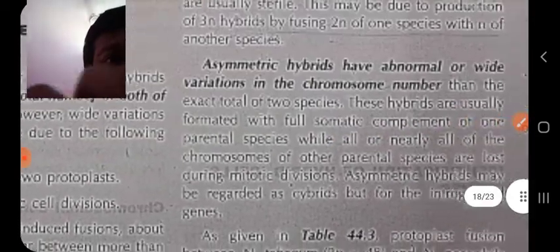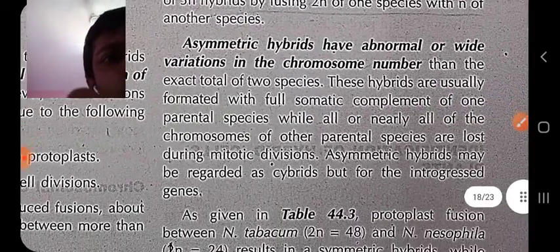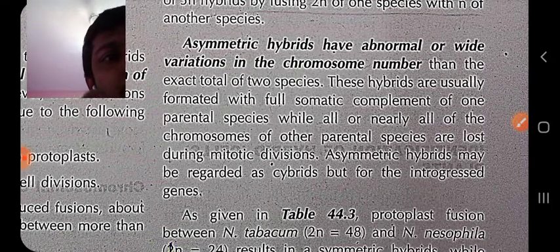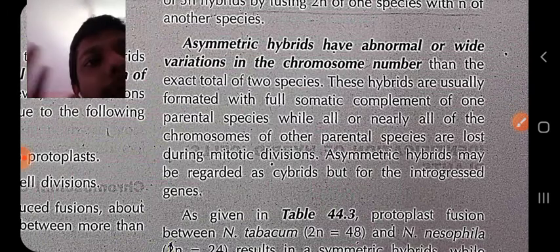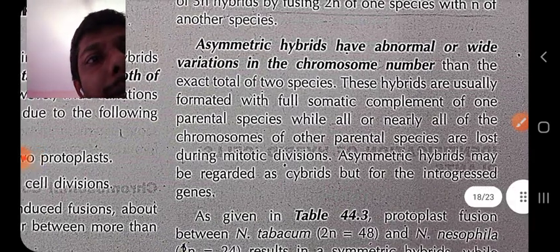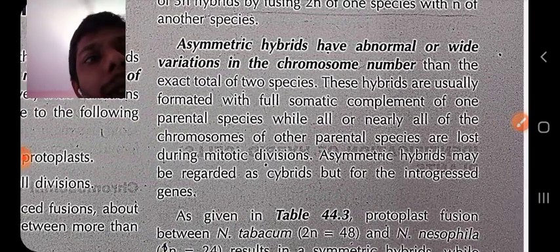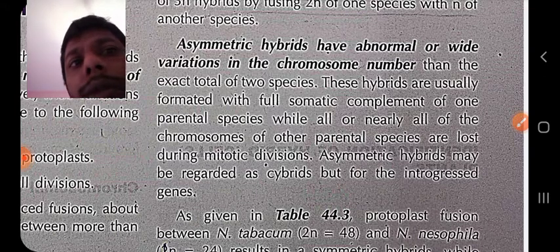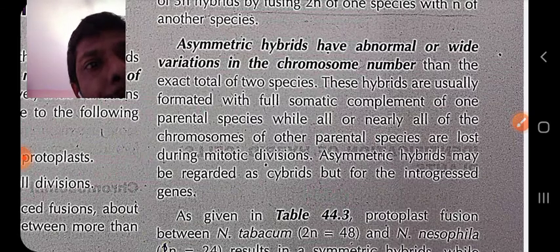So what happens in asymmetric hybrids is they have the full somatic complement of one parental species, while all or nearly all of the chromosomes of the other parental species are lost during mitotic cell divisions.